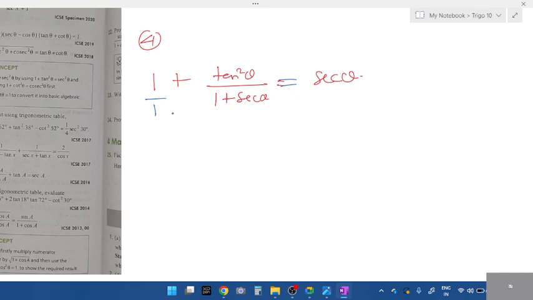Yes, response, students. You don't have to convert into sine and cos. Right hand side we have secant. How do you solve? What's the next step?